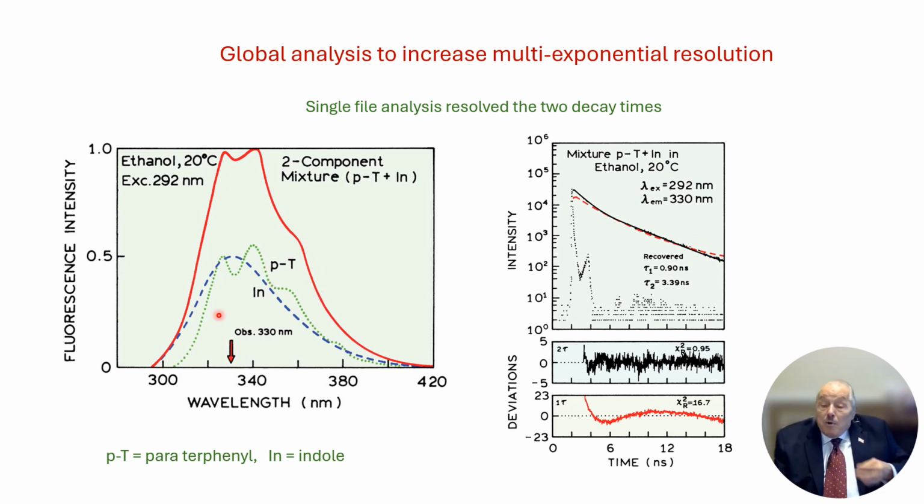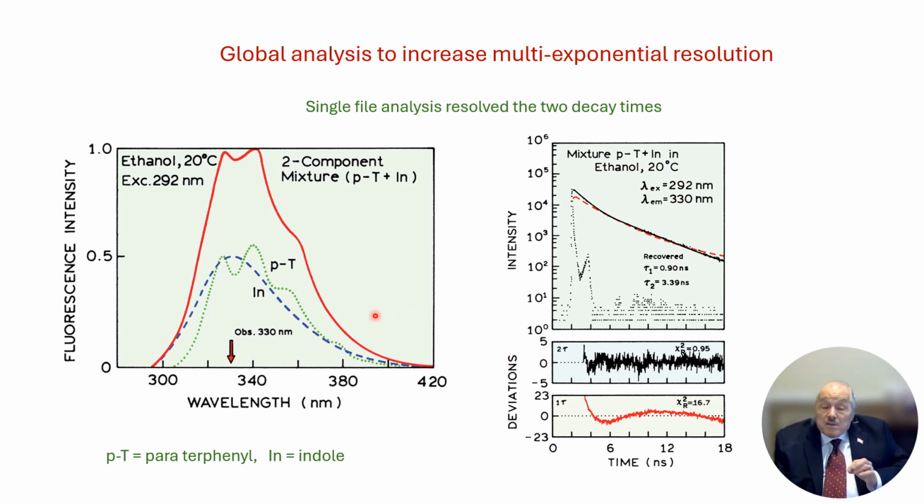So now we have multiple data sets for this one mixture. I just happened to put the single data set results here, and as you can see, they can be resolved.